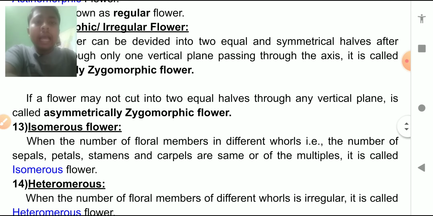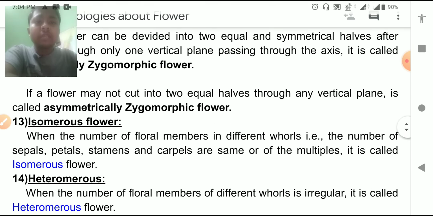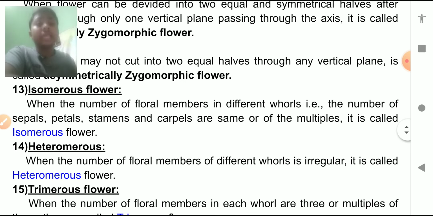Next we talk about isomerous flower. From the name isomerous, iso means same. In any biology book, whenever you hear the term iso, it means same.